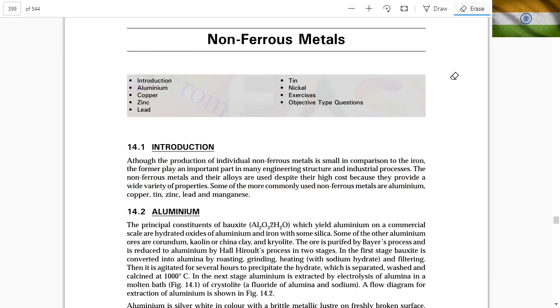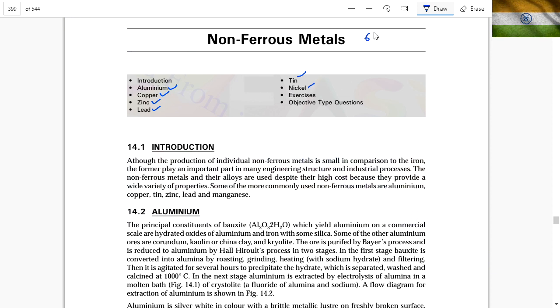At the same time, non-ferrous metal also has its position in the construction industry, and we have different types of non-ferrous metals. They include aluminum, copper, zinc, lead, tin, nickel.